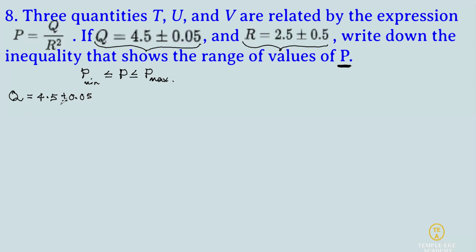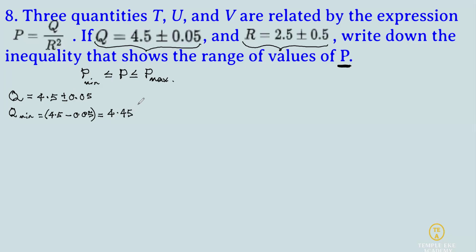So we can have the lower bound of Q, which is also the minimum value of Q. Q minimum is going to be 4.5 minus 0.05, and this is going to give us 4.45 as the minimum value of Q.